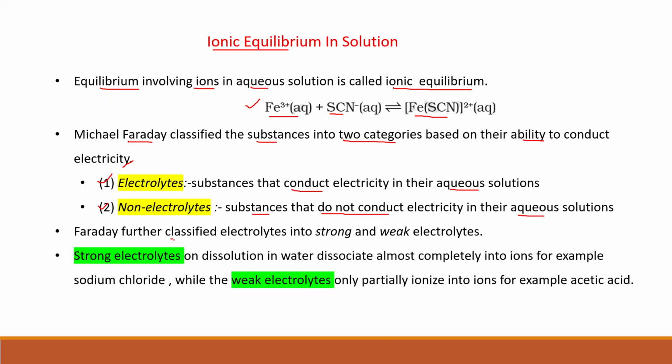Faraday further classified electrolytes into strong and weak electrolytes. Strong electrolytes on dissolution in water dissociate almost completely into ions, for example sodium chloride, while weak electrolytes only partially ionize into ions, for example acetic acid.